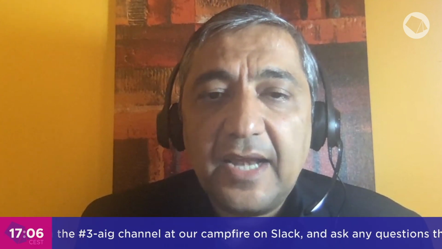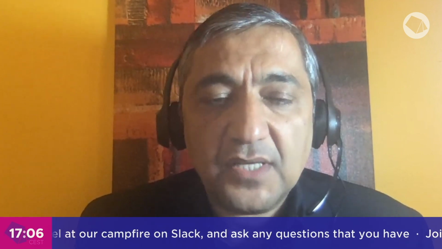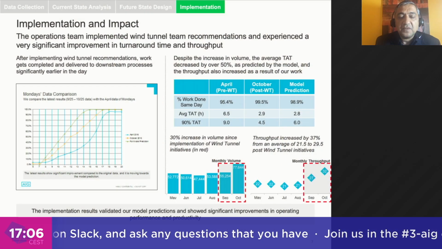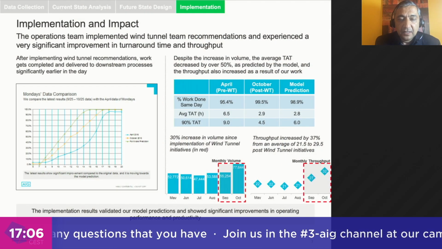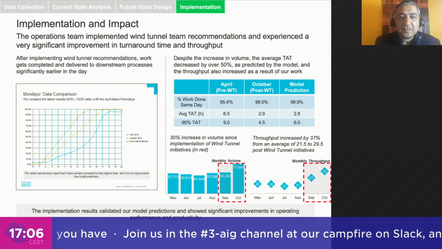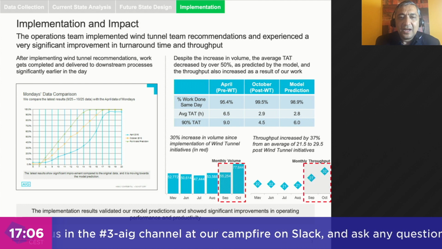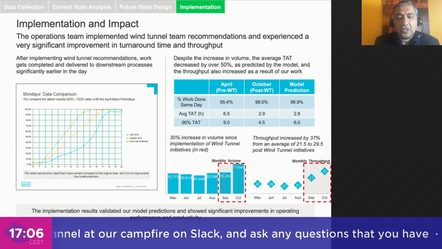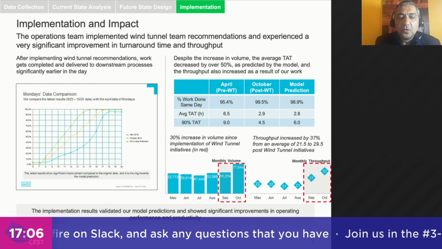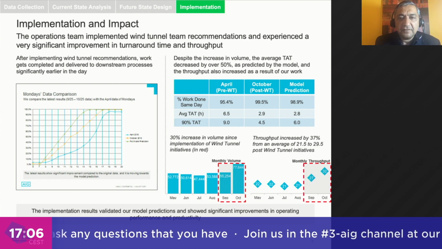So even with the increase in volume, or 30%, we were able to significantly reduce the cycle time. And once we did that, we could go back to the same process, collect the same data, perform the same type of analysis on the final, look at the process, mine the data, and see how the future or improved state compared to what we originally measured. So it's very objective.